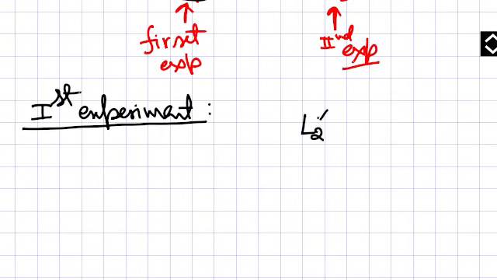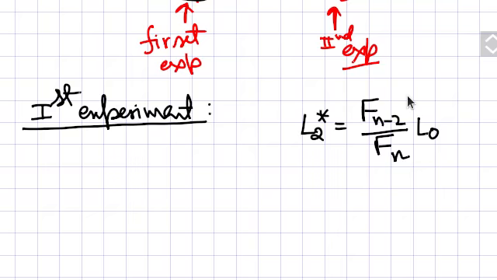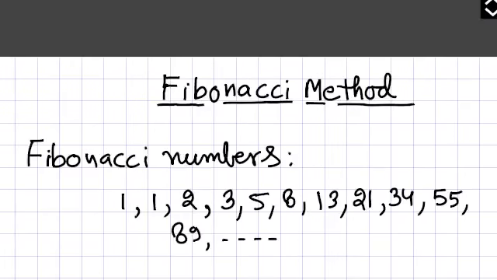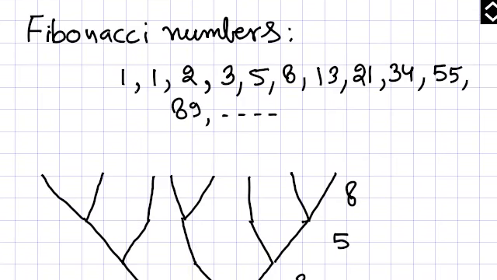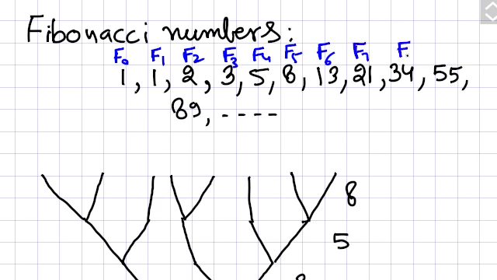The formula for finding L2 uses Fibonacci numbers. The Fibonacci number is denoted by F. For example, you will find those numbers here: this is F0, and this is F1, F2, F3, F4, F5, F6, F7, F8, F9, something like this.